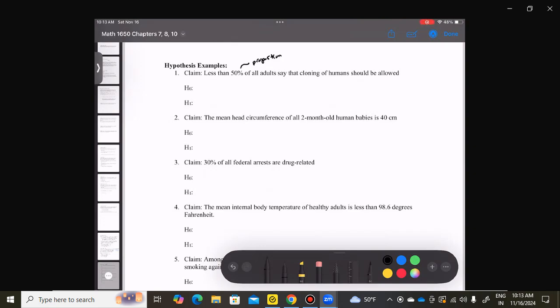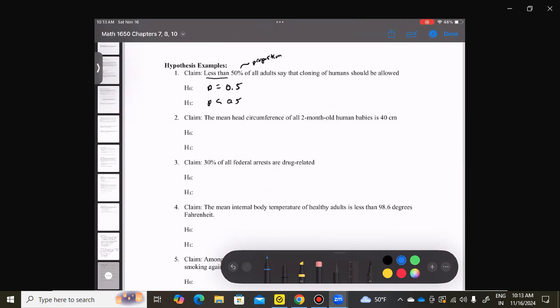And so then we can write proportion is equal to, and then the claim value is 50%, so we'll say 0.5. And then we have to look for clues on whether it's less than, more than, or equal to. So we see less than 50%, that's our alternate. So P is less than 0.5.